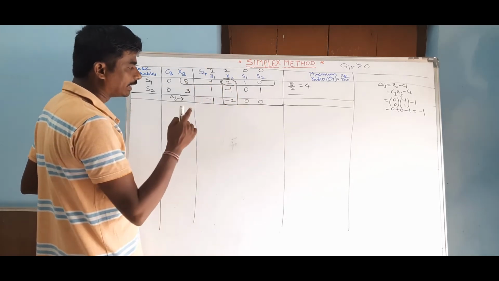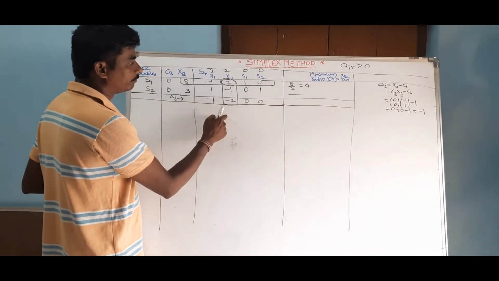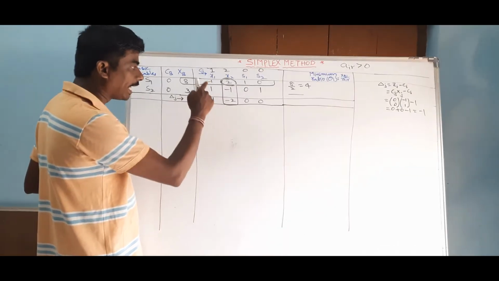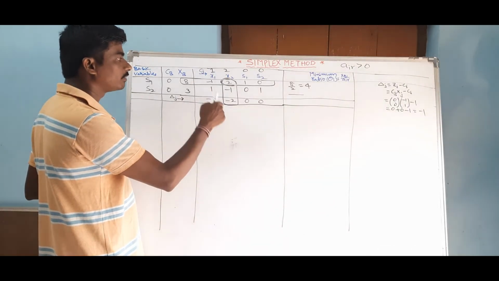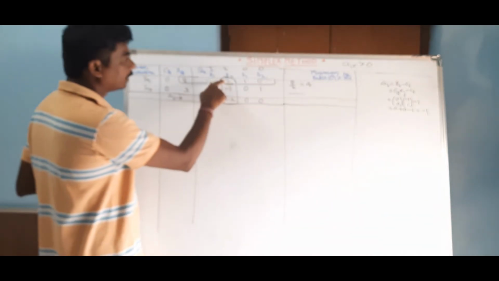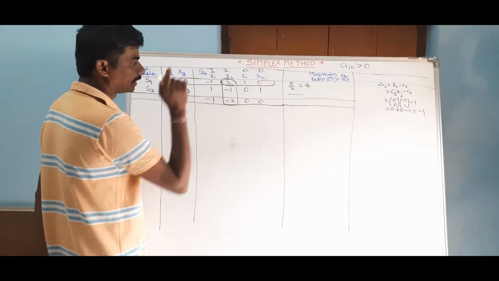The key element. Next we are doing another iteration. That will become 1, and that column's other variables become 0. Okay, now see here, this 2 is the key element, this is the first iteration.